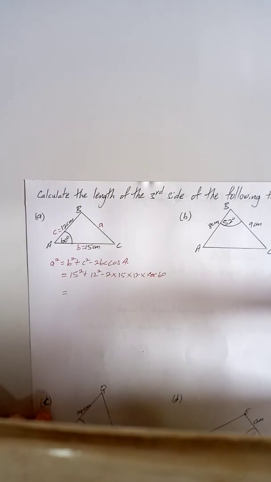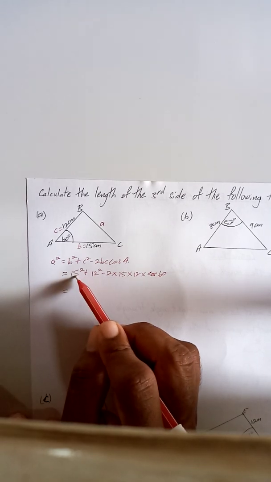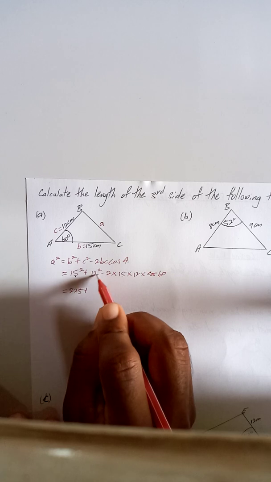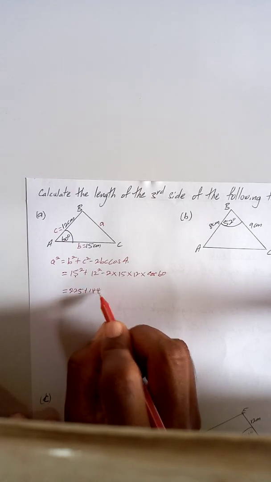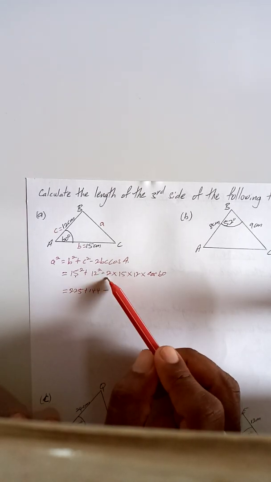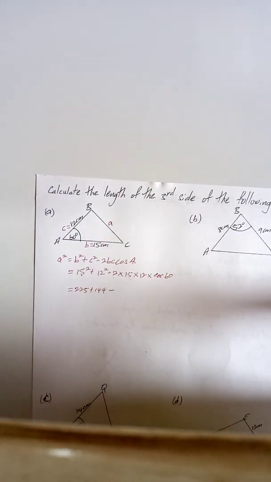Good. So we can use our calculator. 15 squared means 15 times 15. It will give us 225 plus 12 squared, 144. Minus, we have a minus sign. So now let us multiply 2 times 15 times 12 times cos 60.